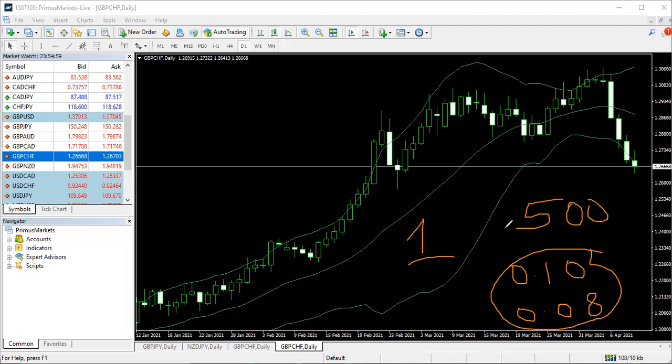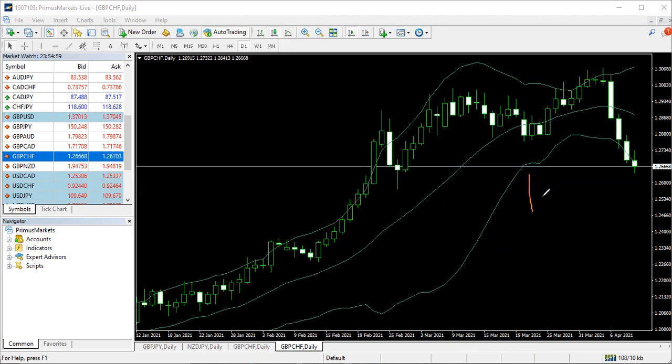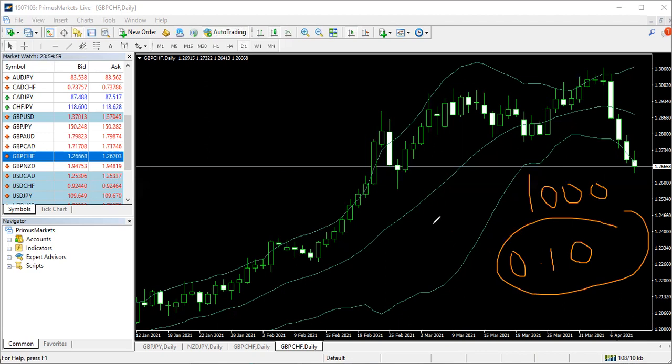Is that okay? Now, if you have more than $500, say a $1,000 account, then you can go with a lot size of 0.10. So 0.10 will be your lot size, and you place just one trade, nothing more than that. Is that okay?